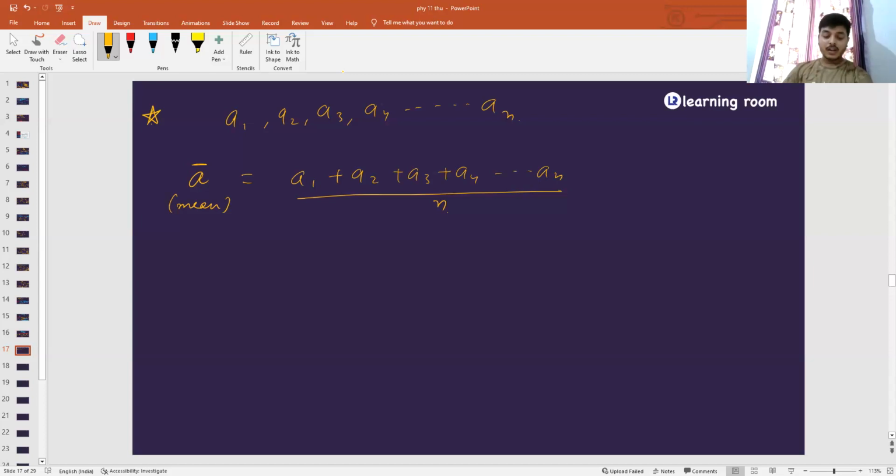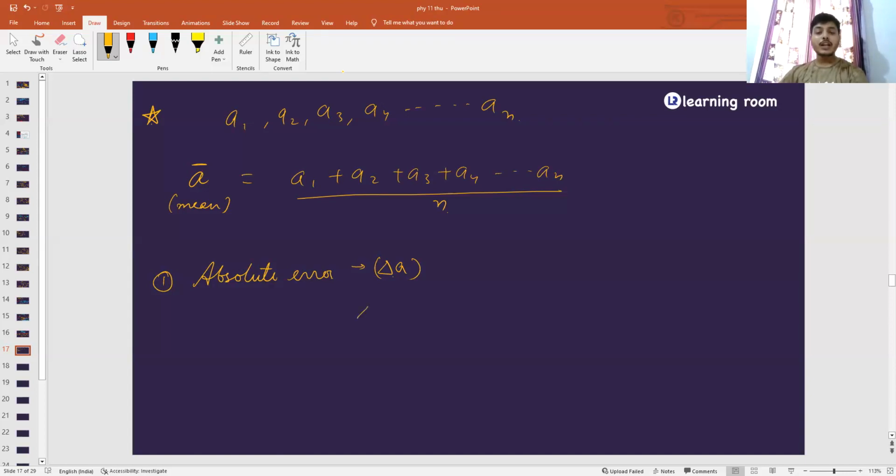Next thing that we have to do is calculate absolute error. You understand it right now, and then I'll give you the definitions. So what is absolute error? Absolute error is the magnitude of the mean minus the exact value. That is denoted by delta A. Mean is denoted by A bar.